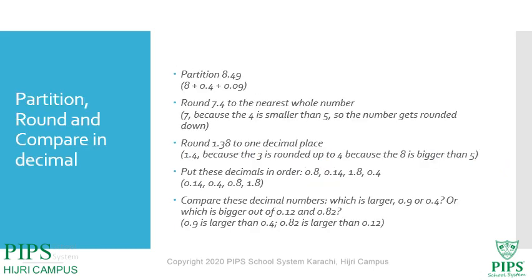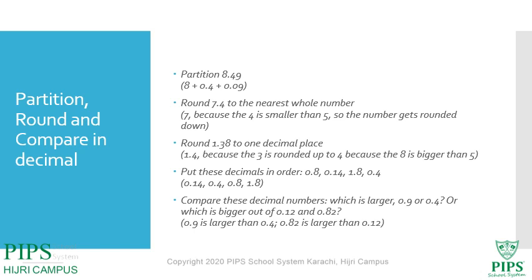On this slide, we will discuss 3 main topics regarding decimals, which are partition, rounding, and comparing. In partition, we give partition of each of the values. For example, the value written here is 8.49. First we separate the whole number from this value, which is 8.